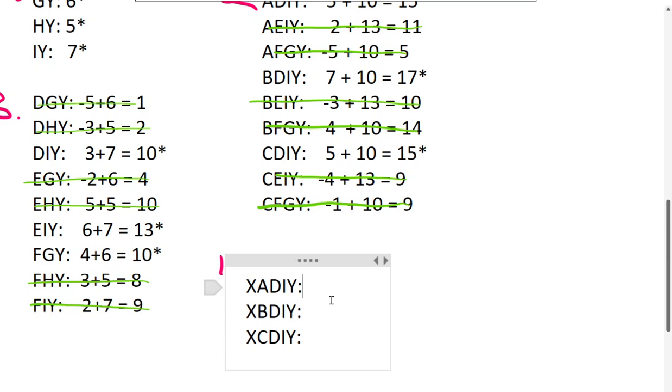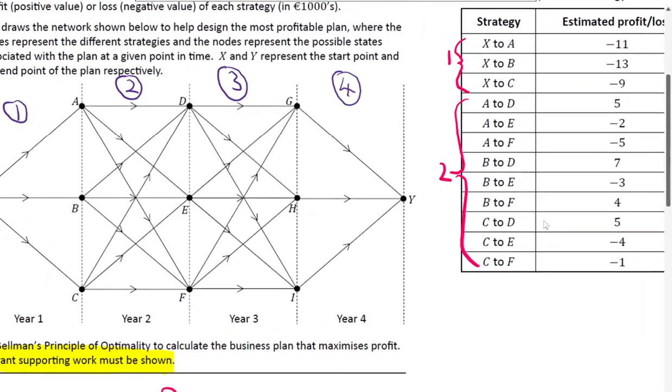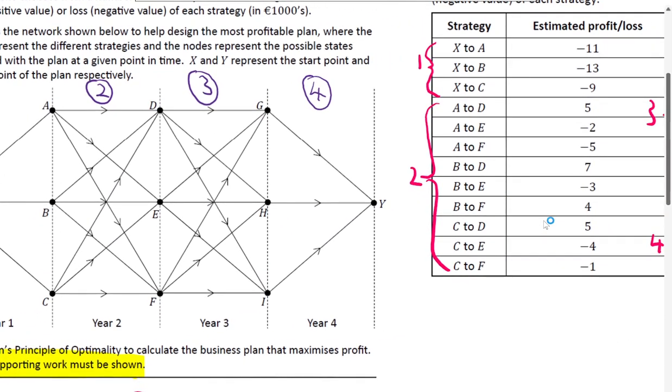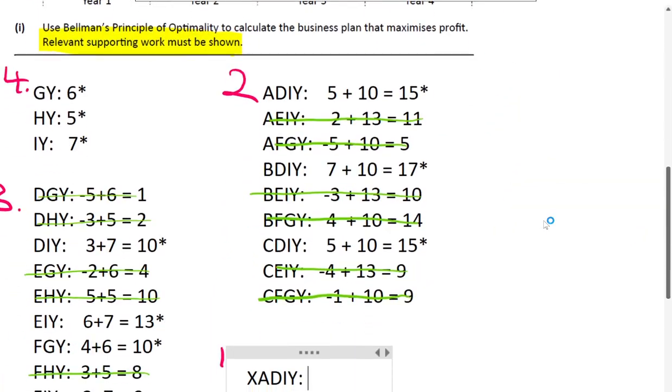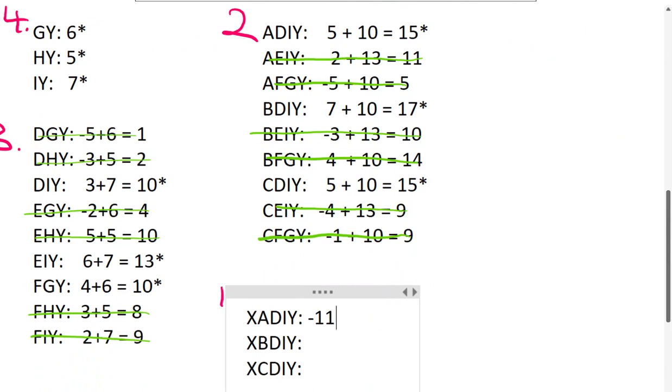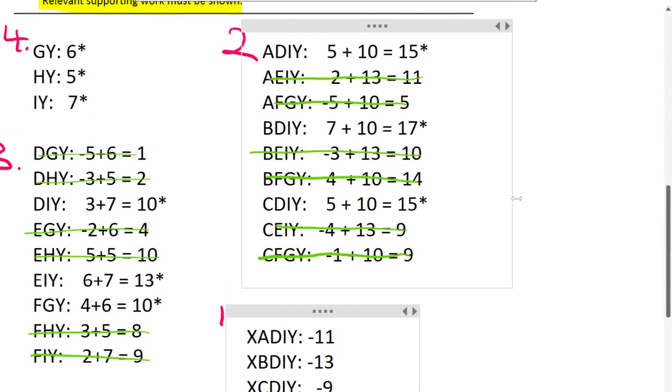Again, I'm surprised that the question has resulted in 3 very similar solutions, but I guess it is what it is. So now, the profit loss in stage 1 is minus 11, minus 13, and minus 9. And then we look at what are the optimal paths for each thing.